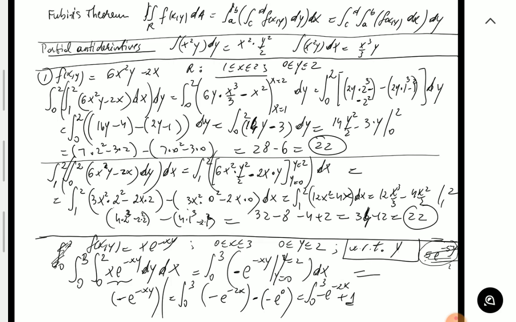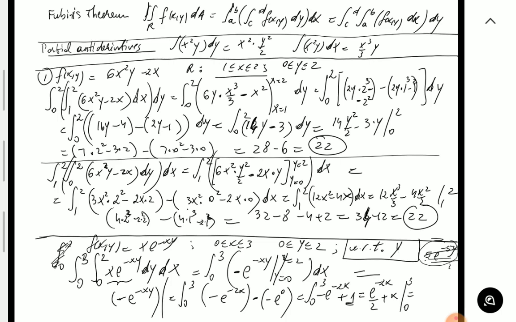Let me double check. All right. And then finally, the last integral here is going to be e to the minus 2x over 2. Differentiate that. And then plus x, the integral of 1 between 0 and 3.